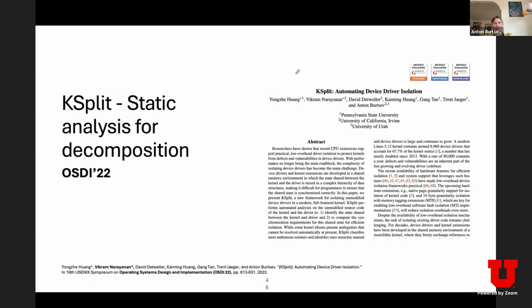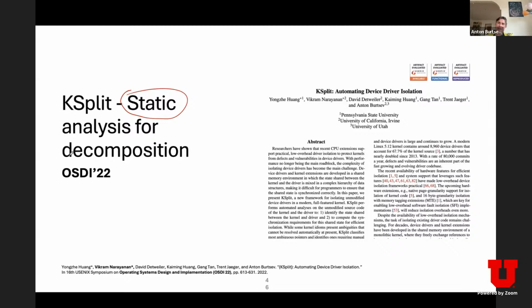But what's interesting is that on a journey to build this system, we came up with a solution to solve the semantic complexity problem. Essentially, we came up with a system which uses static analysis for generating those IDL files. Because in LXDs and LBDs, we wrote those IDL files by hand.